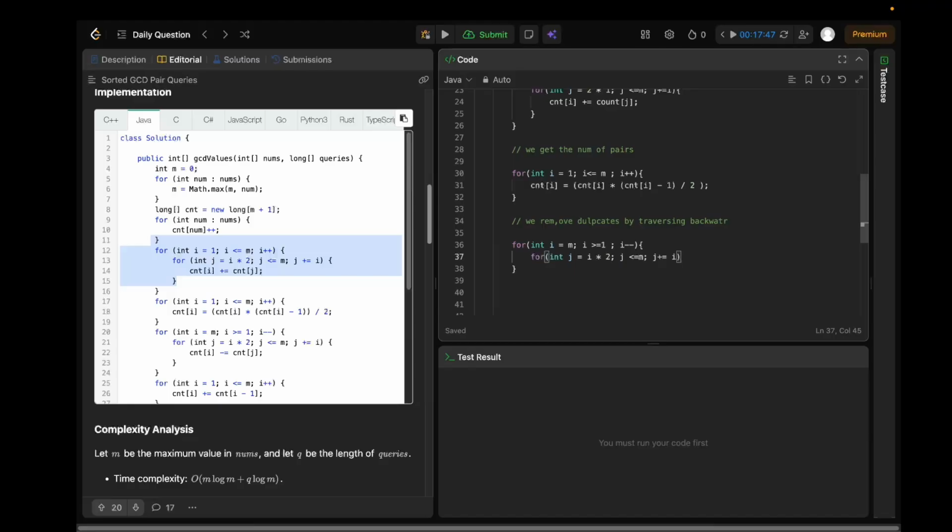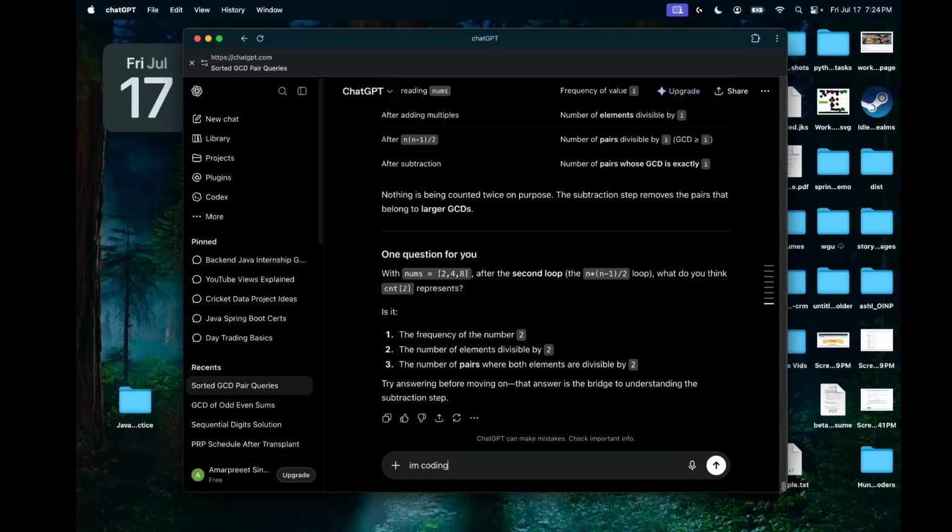Let's say m was 3, so i must be greater than or equal to 3. It will run 3 times, the inner loop will run 6, and it is not greater than or equal to 3, so it will do j plus equals i. I don't understand this loop, but what do we do here? We do count[i] minus equals count[j].